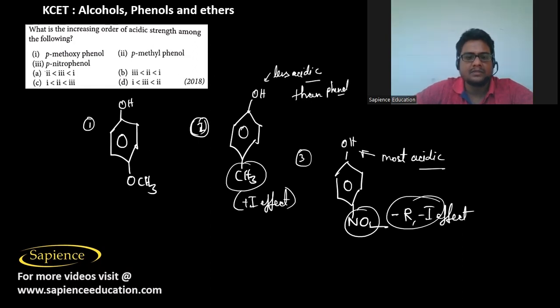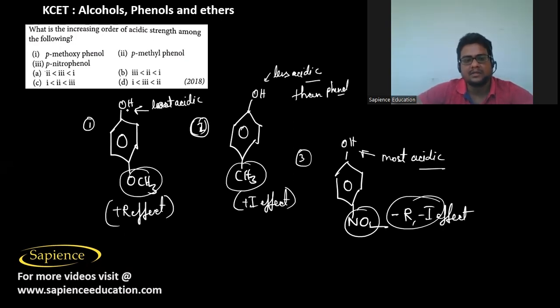And here this OCH3, which is the methoxy group, has got plus R effect. So it will also increase the electron density in the benzene ring, which will also reduce the acidity of this phenol. So hence this hydrogen is the least acidic, since H plus can't easily come out from here.